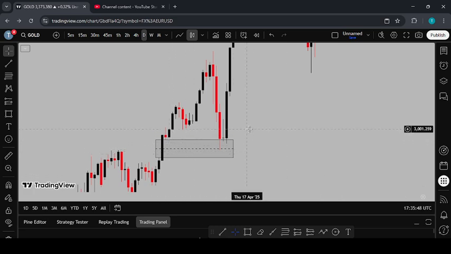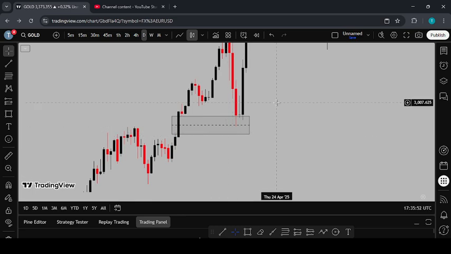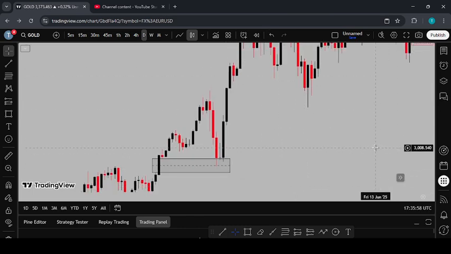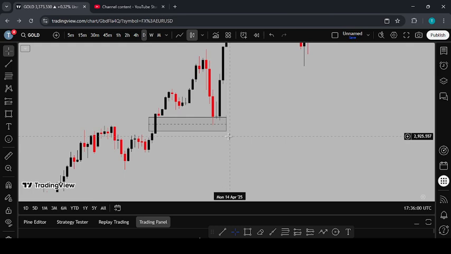So if you look at this now, when price came into this imbalance right here, you see the reaction. It mitigated the 50% region of the imbalance, then price started moving up aggressively to the upside. So how do you catch a trade here? This becomes a point of interest for you. At this point, you're not looking for other blocks, it's now a point of interest, because it is the level of inefficiency where price made an impulsive move on the daily time frame and left this gap.